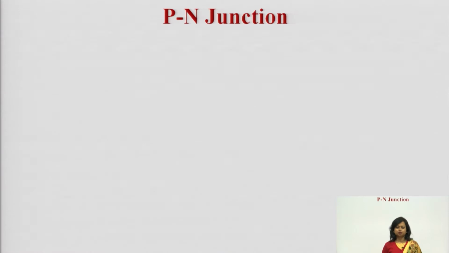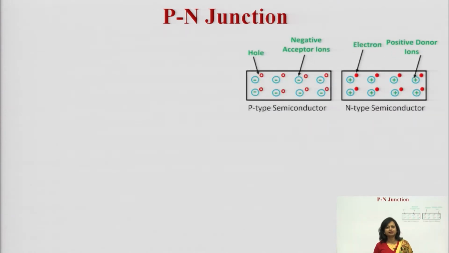What is a PN junction? You have studied semiconductors. Depending upon the impurity, there are two types of semiconductors: the intrinsic semiconductor and the extrinsic semiconductor. Intrinsic semiconductor is the pure semiconductor, and extrinsic is where some impurities are added.